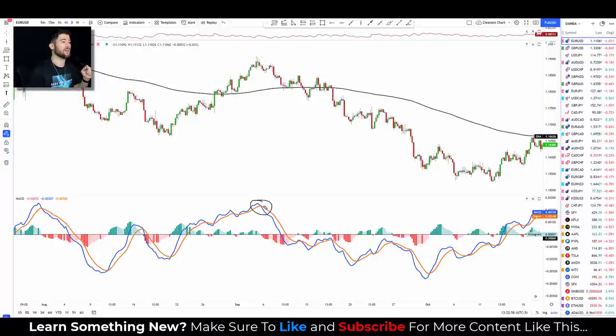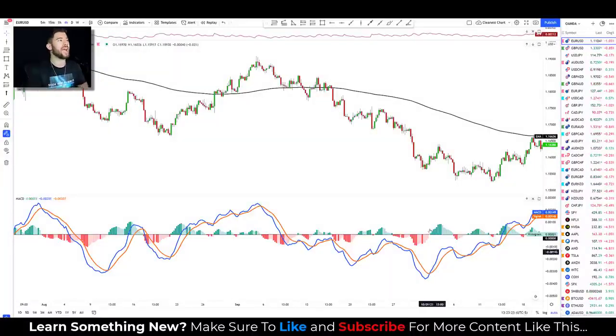In this case, if we look up from here, we have that happening at a peak in price before price continued lower. Now again, just to give you an idea of confluence, because obviously if we traded every time the MACD line crossed, sometimes we would win, sometimes we would lose. We want to have some confluence there to give ourselves the most accurate trading opportunities possible using the MACD.